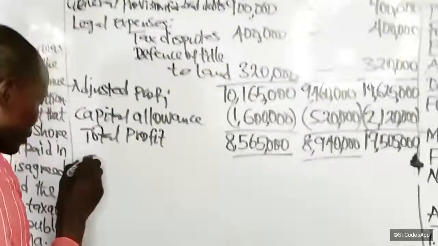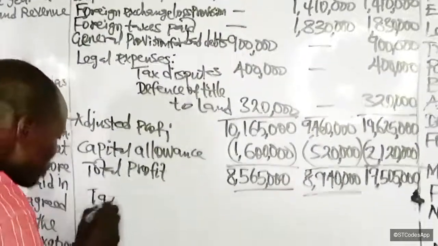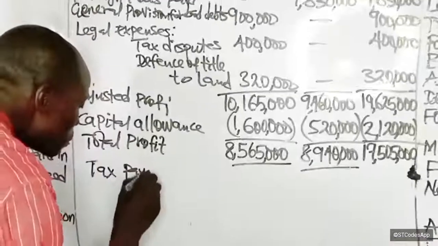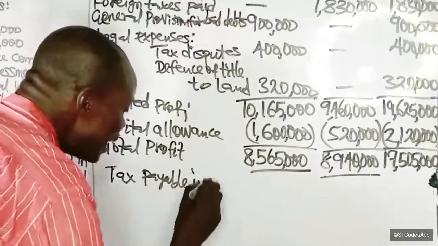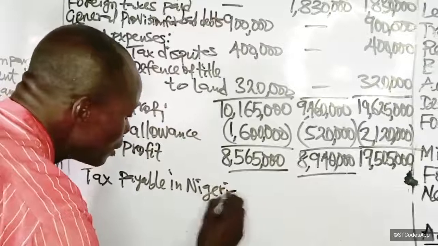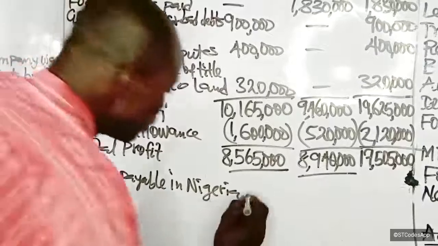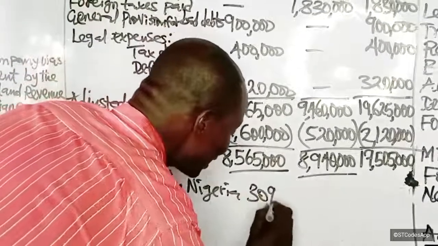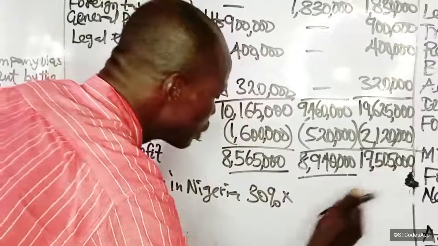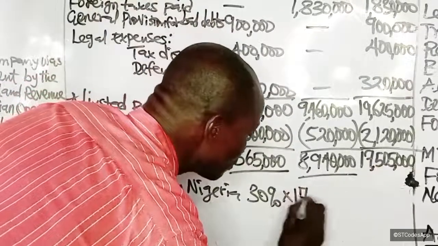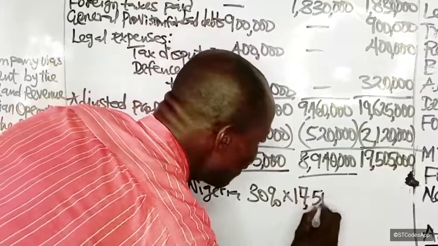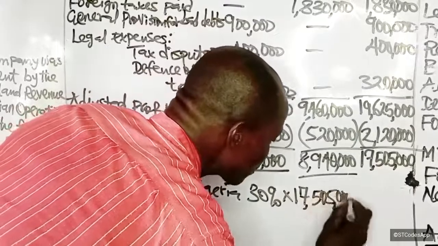So, how much is the tax payable in Nigeria? Total tax payable in Nigeria, that will be, Nigeria tax rate is 30% of the total profit, 17,505,000.